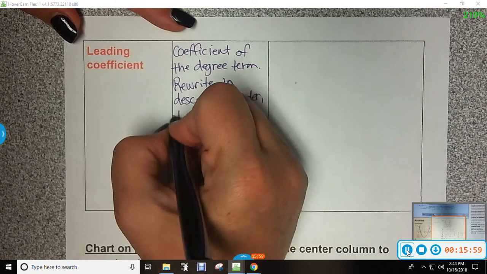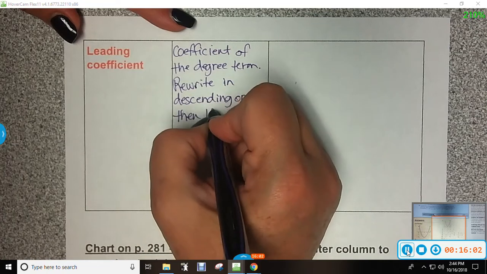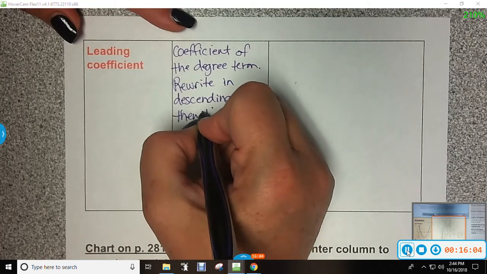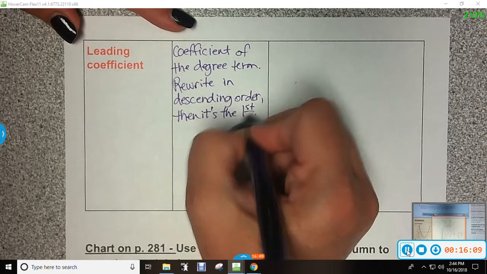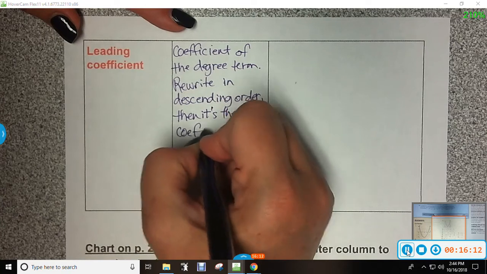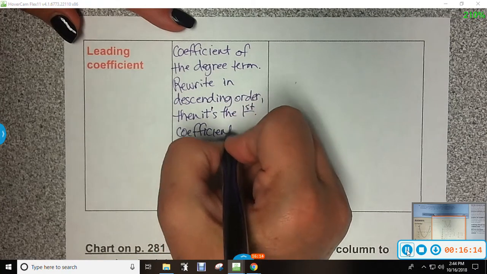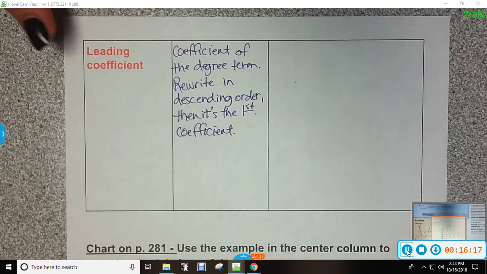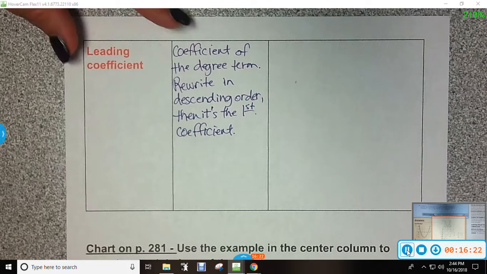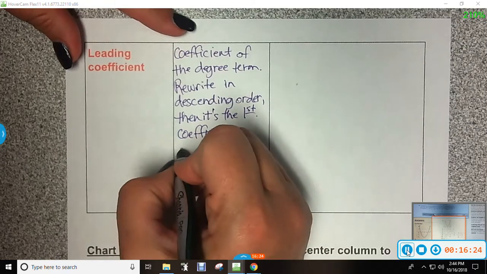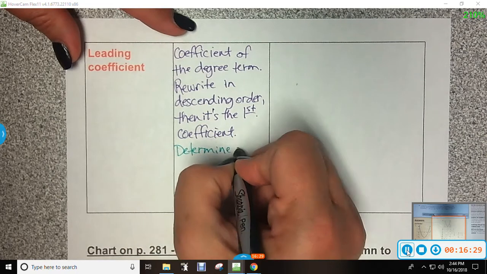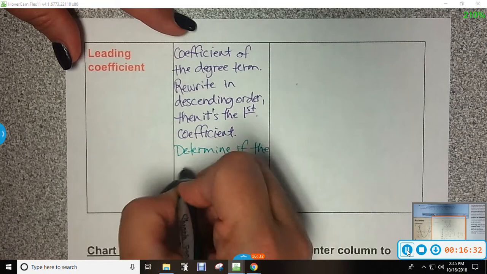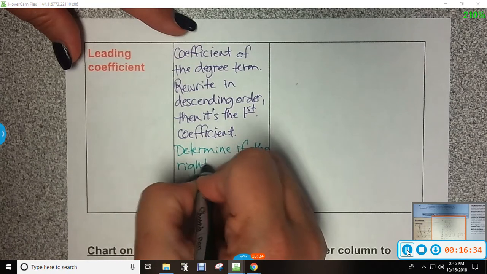Then it's the first one. The leading coefficient also tells us something about the graph that we will look at in a few minutes. What it tells us is whether the right side of the graph points up or down.